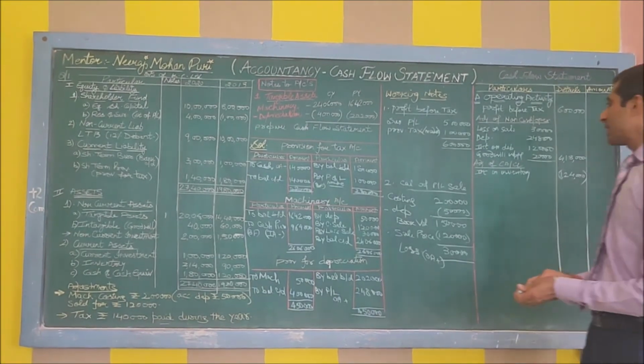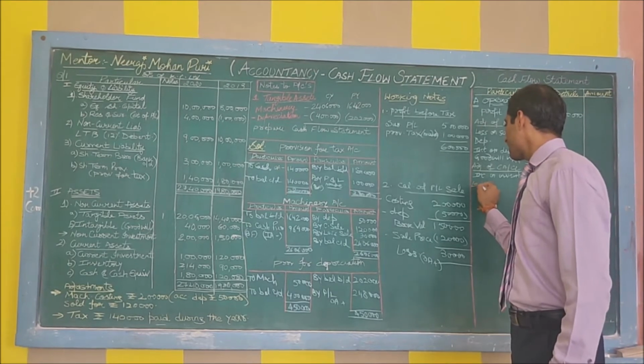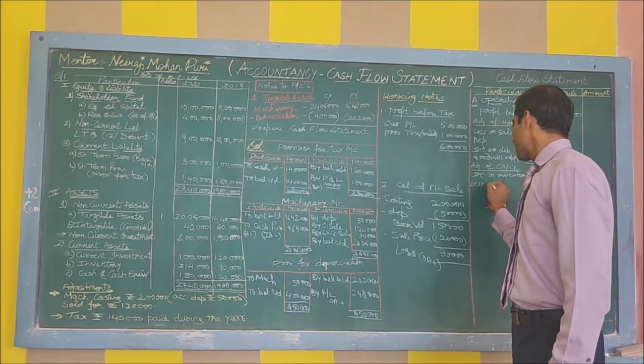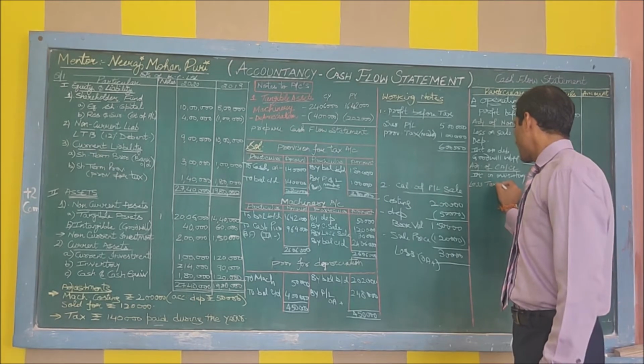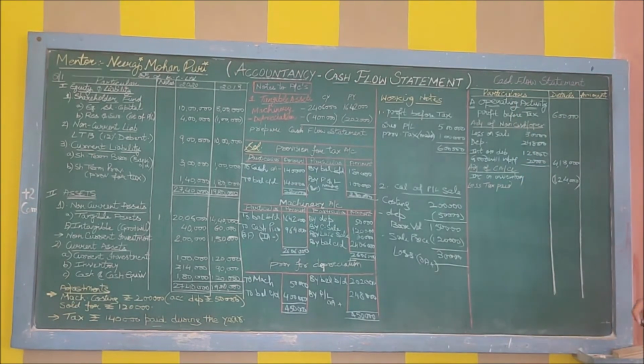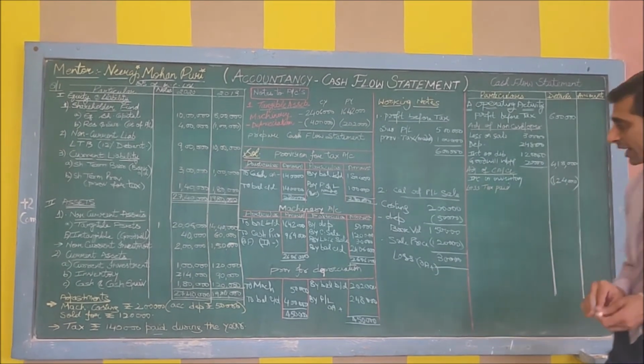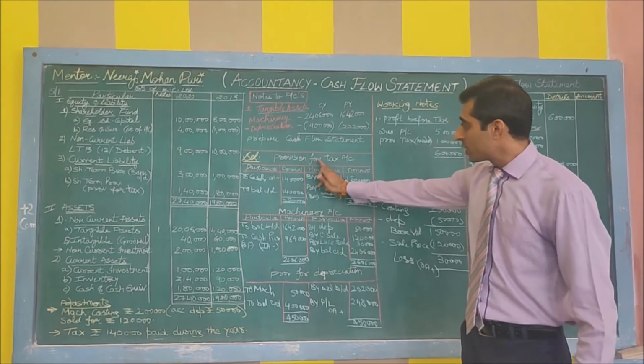Now we are at the last stage, that is less tax paid. Once the detail of assets and liabilities is done, the tax paid item is to be shown directly in the details column. For tax paid, we have to come to our taxation account.